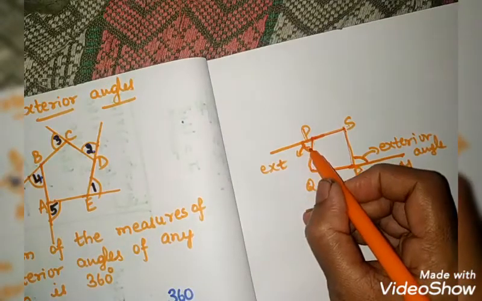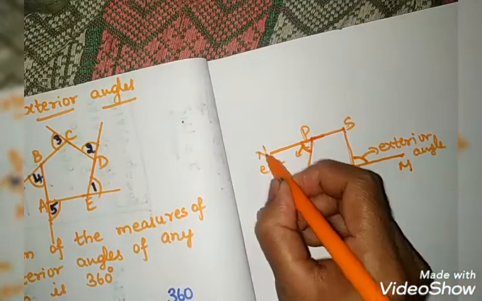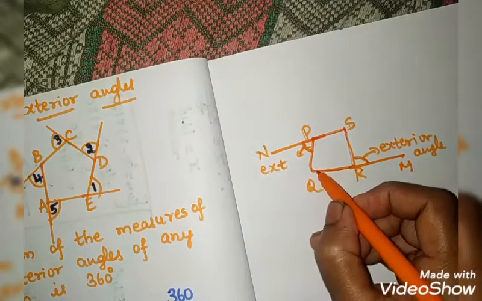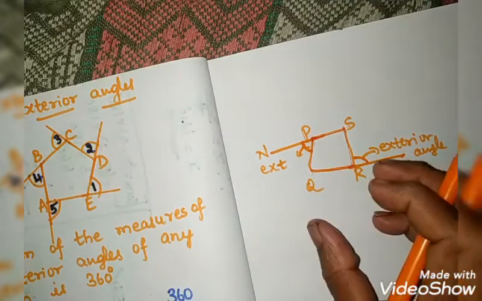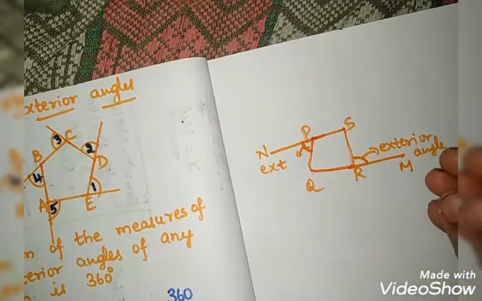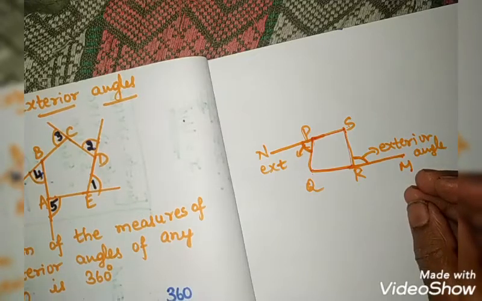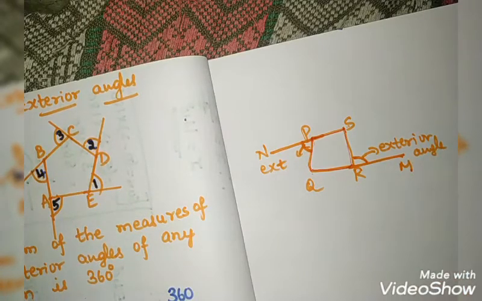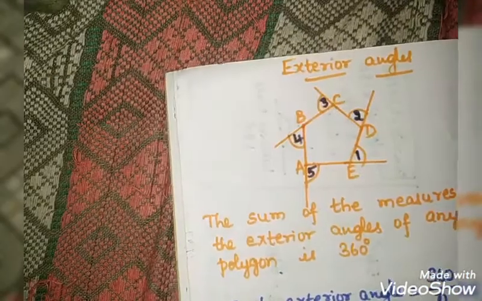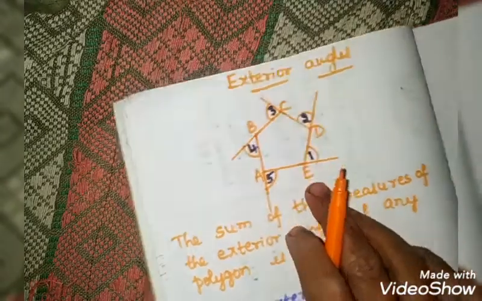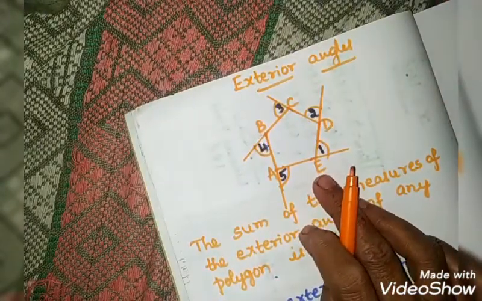Here also, if you give any name to this point N, angle QPN is an exterior angle. When one of the sides is extended, the angle formed outside the polygon is known as an exterior angle. Understanding, no, children? Now, here you can observe one more. This is a pentagon. 5 sides are there.